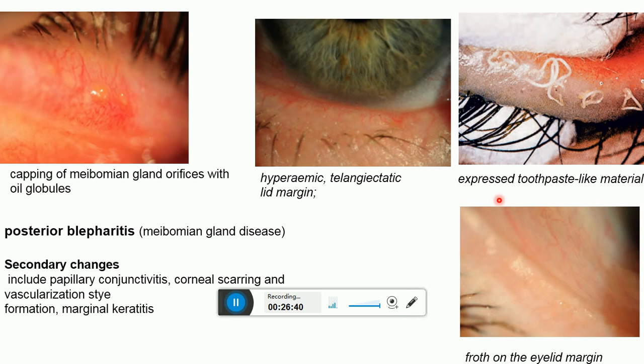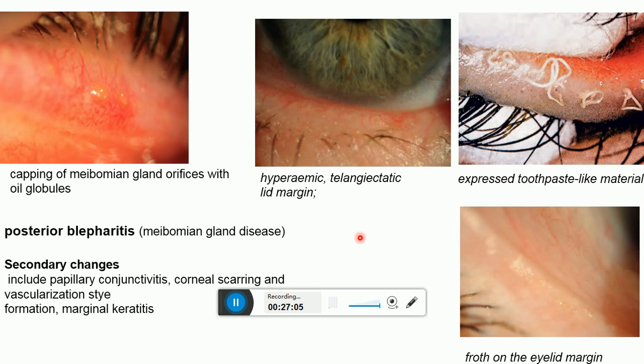Lid transillumination may show gland loss and cystic dilatation of Meibomian ducts. The tear film is oily and foamy, unstable, and froth may accumulate on the lid margin. Froth, you can see, at the inner canthi.